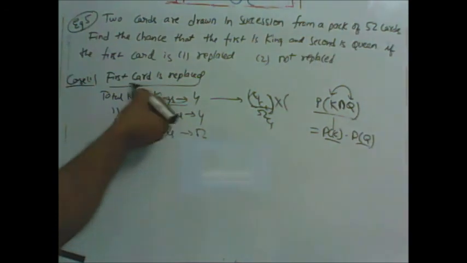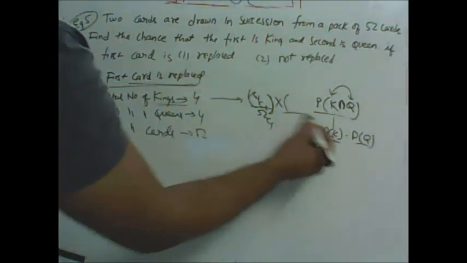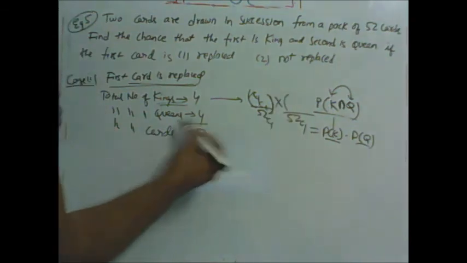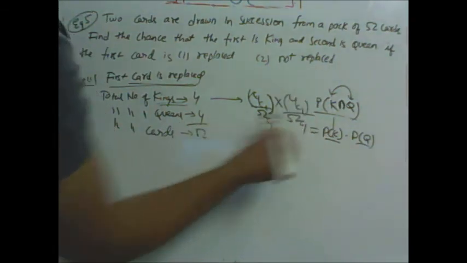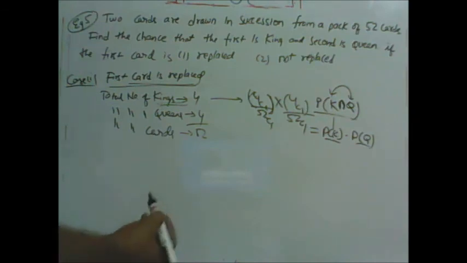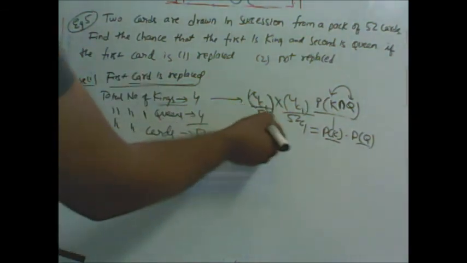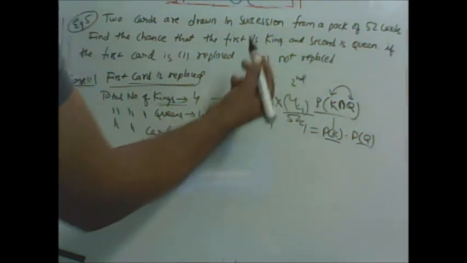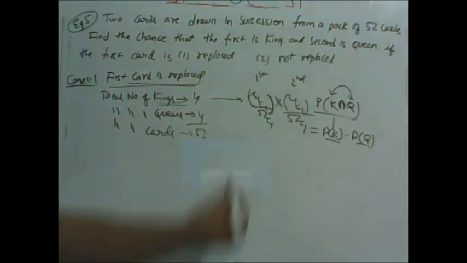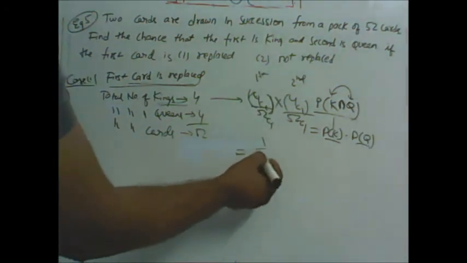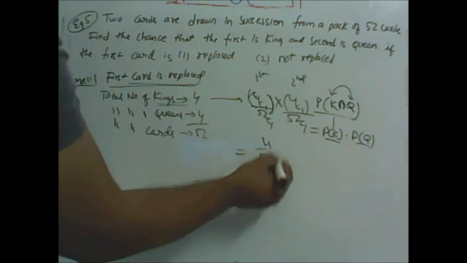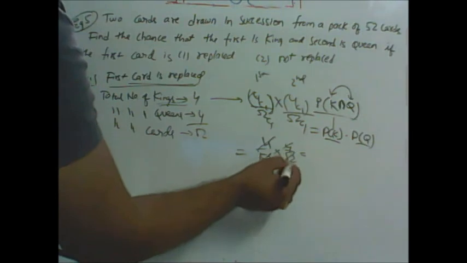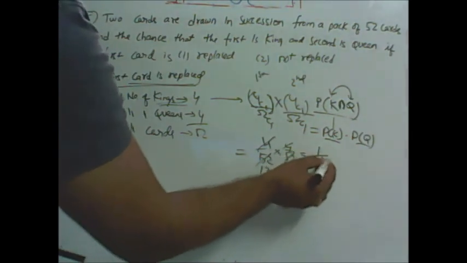Next time the card is replaced, again we have 52 cards only, so total possibility is 52C1 only, but in the numerator, out of 4 queens we have to get 1 queen. So in the first draw we get king, in the second draw we get queen, which equals 4 by 52 into 4 by 52, which equals 1 by 13 into 1 by 13, which is equal to 1 by 169.